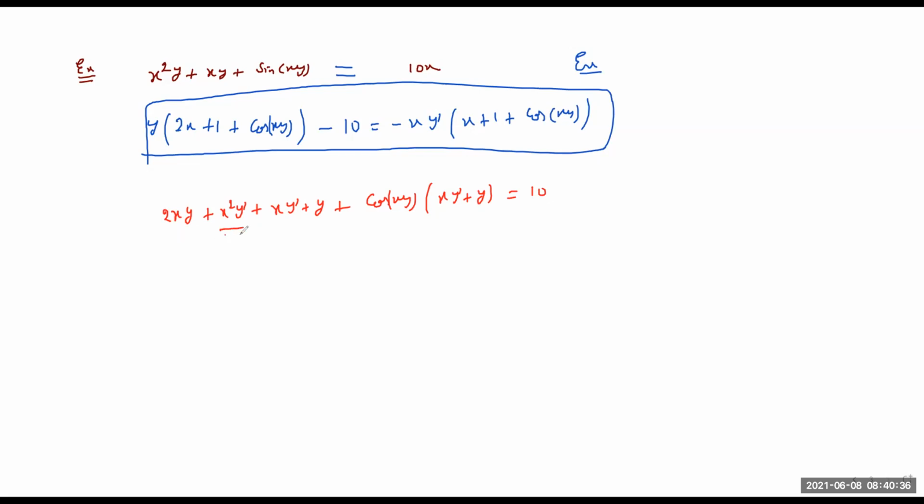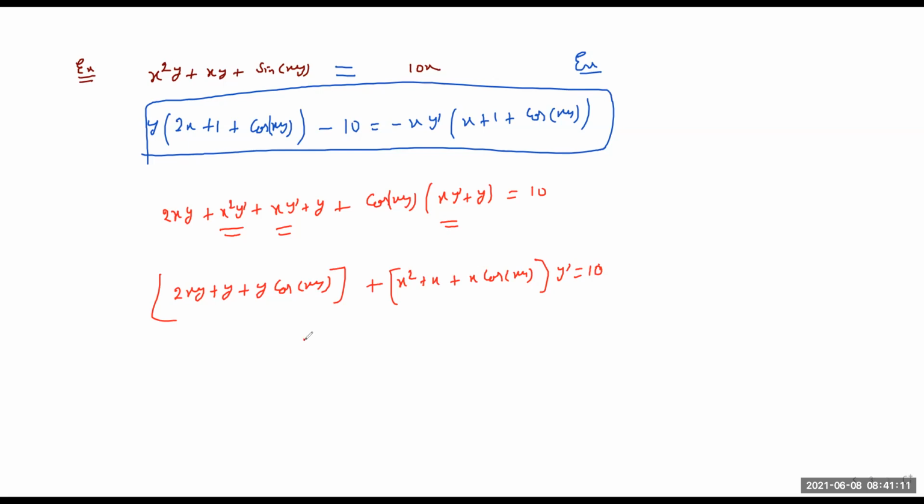So we have minus here, we have minus, and we have minus inside here. All right, so 2xy plus y plus y cos xy. Yeah, this looks pretty close. And then we have x square plus x plus x cos xy, all into y dash is 10.